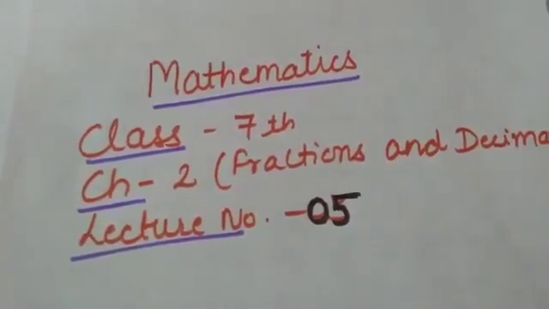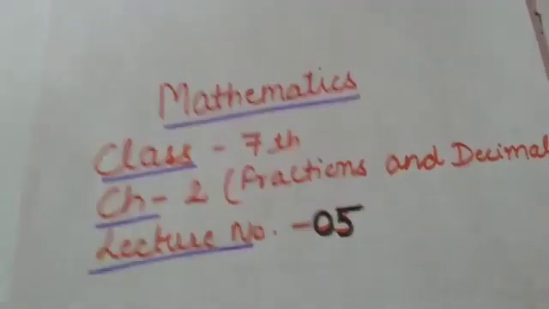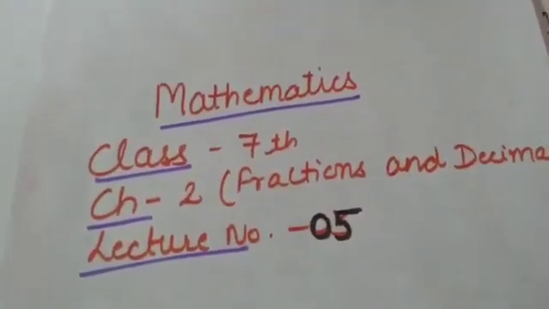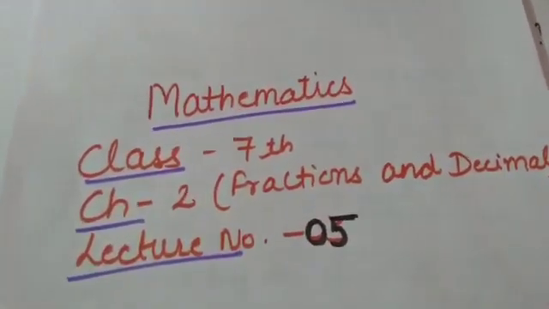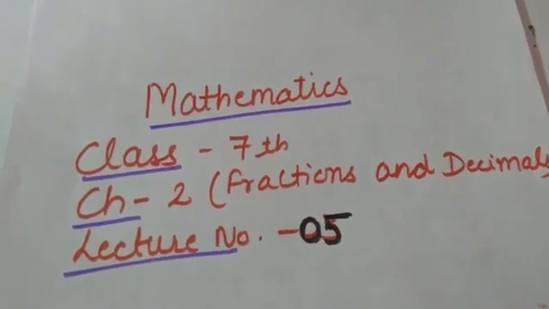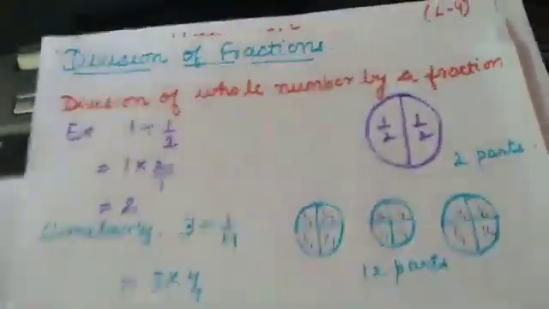Now how many strips will he get? He will get 6 divided by 3 by 2 strips. Now we will learn how to divide 6 by 3 by 2 in this lecture. So let us start our discussion with the division of fractions.